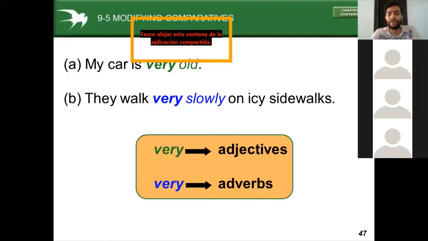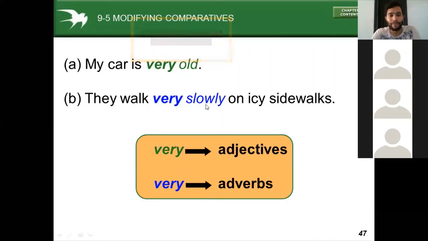We only use very with normal sentences, like the ones we have here. Yes, we are using very with an adjective, like in the first example, and with an adverb, like in the second example. But these are normal sentences.